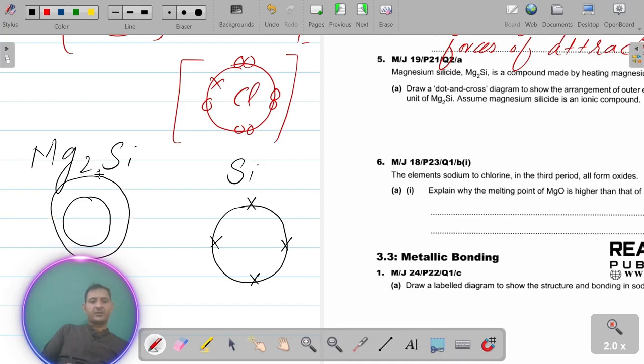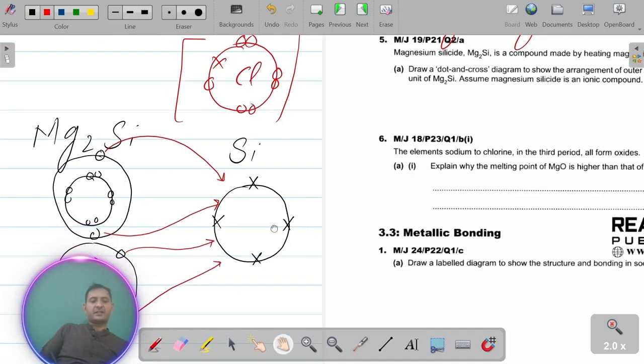Now I'm drawing 2 electrons, 1 and 2 here, and 1, 2, 3, 4, 5, 6, 7, and 8 on silicon. These 2 electrons are moving from here to here. So 2 electrons are coming from this magnesium and 2 electrons from the other magnesium. Then we will get the final answer.